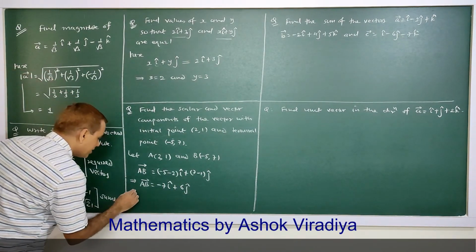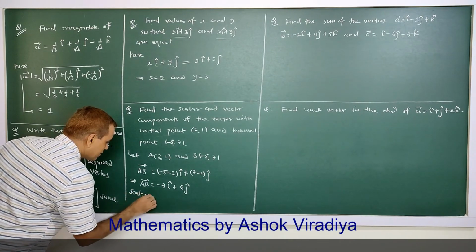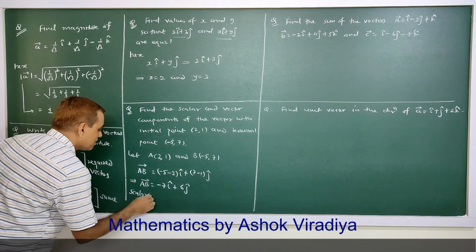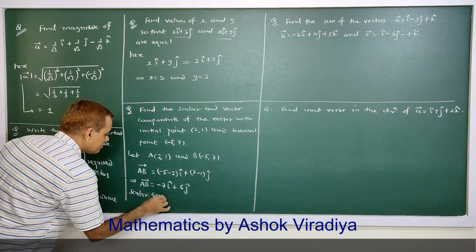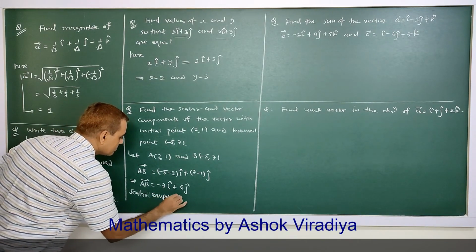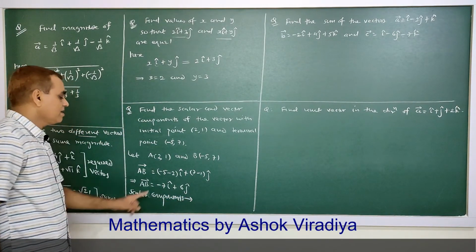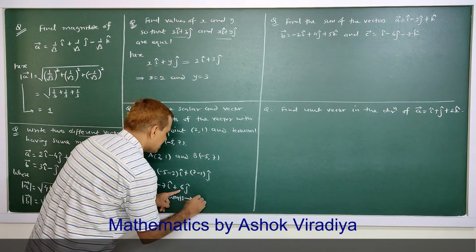So the scalar components of this vector are -7 and 6.